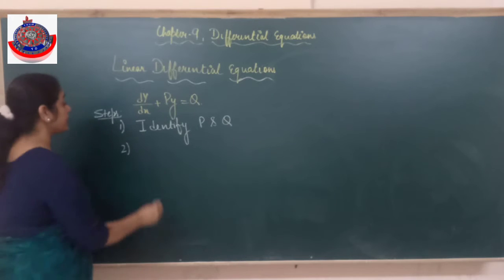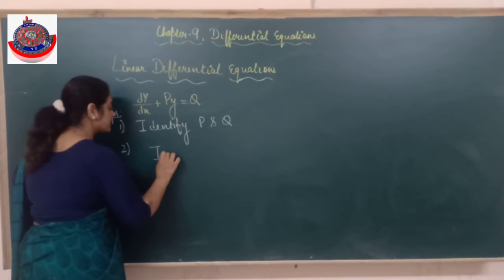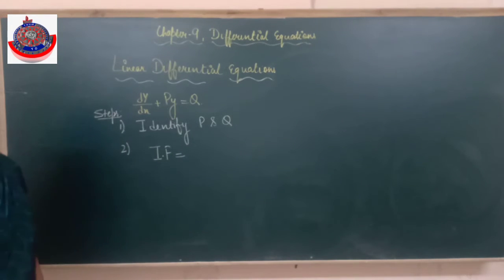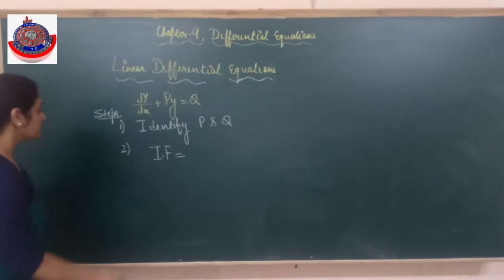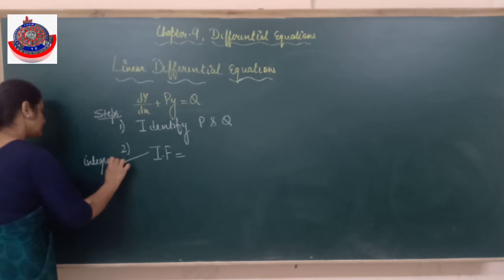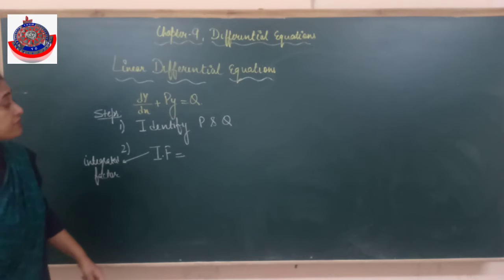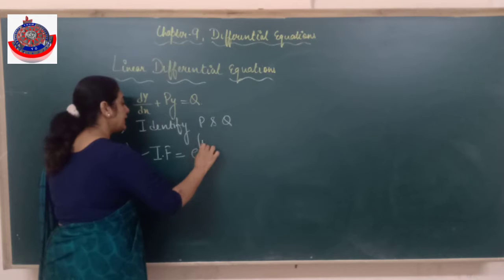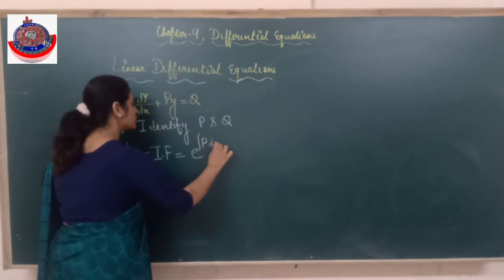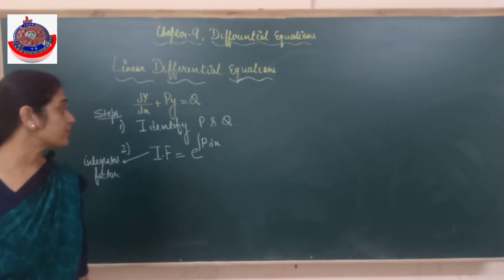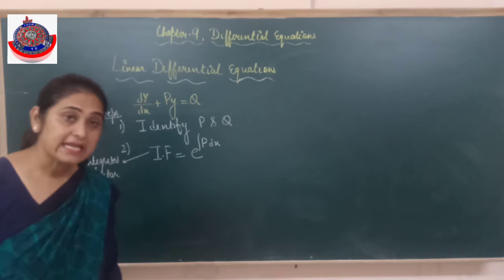Second step, I need to find out the integrating factor. IF stands for integrating factor. The integrating factor is e to the power integration of p with respect to x, because p and q in this are either constants or functions of x, so I am going to integrate with respect to x.